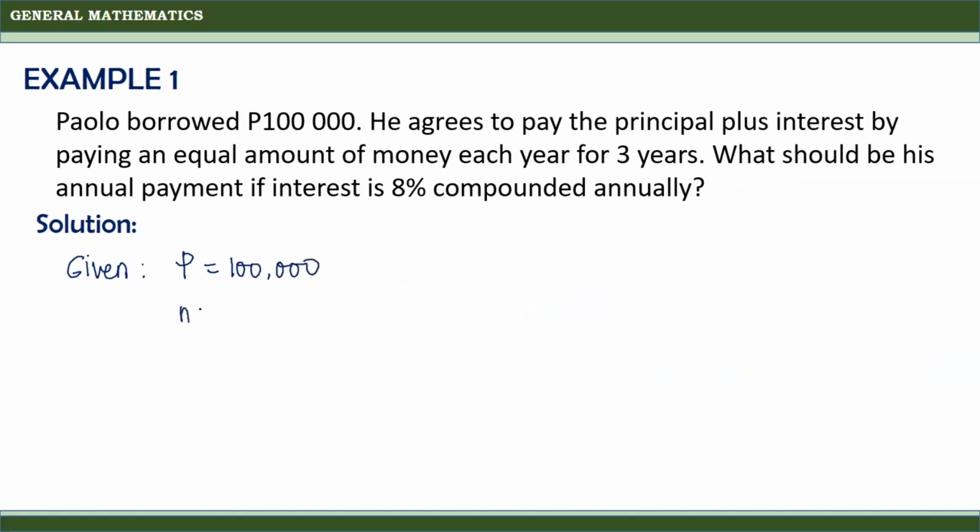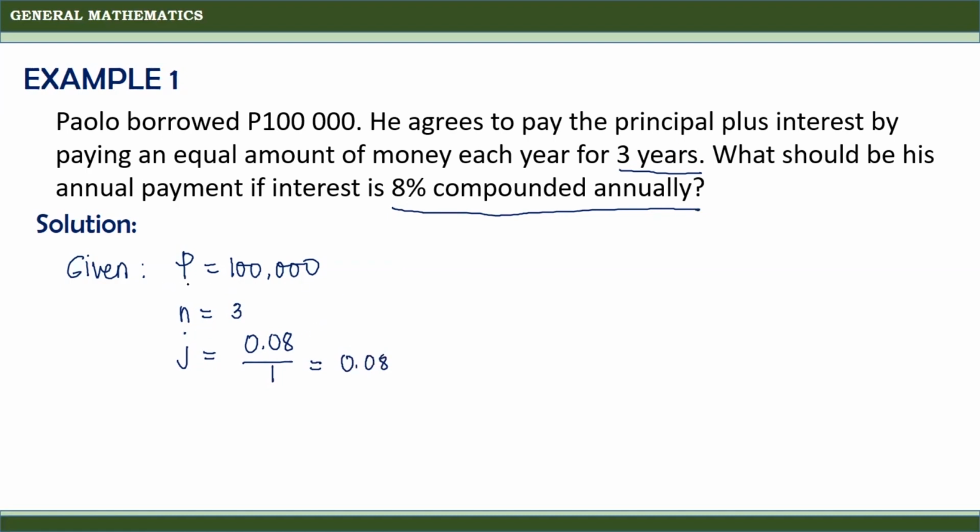The number of payments n is equal to 3 because the payment of Paulo will be annually for 3 years. Therefore, he will have 3 payments. Moreover, j, or the interest rate per period, is equal to 0.08 divided by 1, since the interest is 8% compounded annually. So this is equal to 0.08.